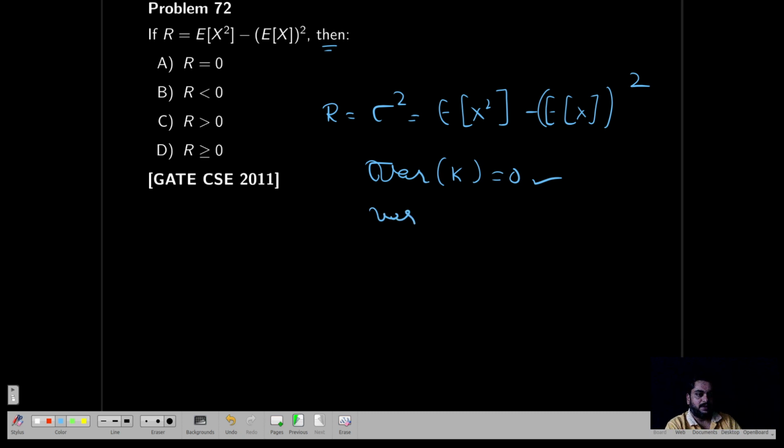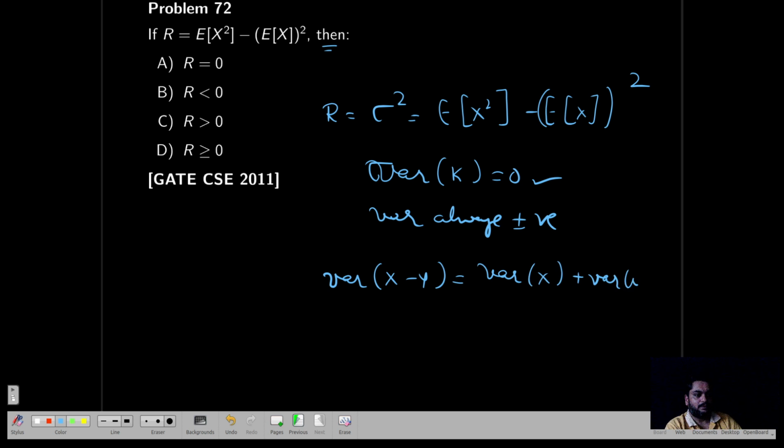And also assume variance is always positive, it cannot have a negative value. For example, variance of x minus y, you have written as variance of x plus variance of y. A negative variance is not possible, it is always positive. That means this is greater than or equal to 0. Very simple conceptual question.